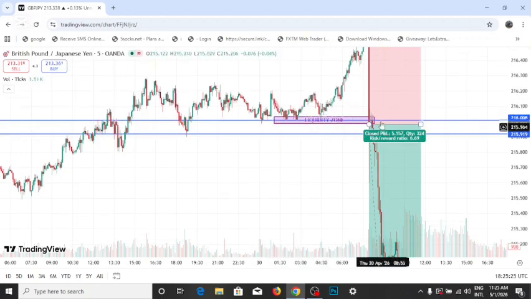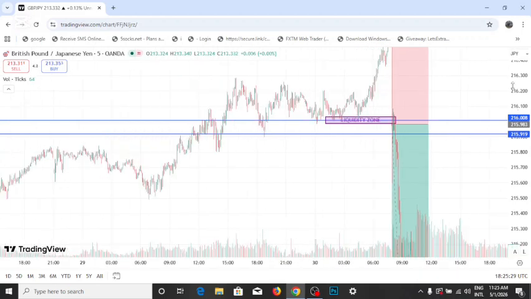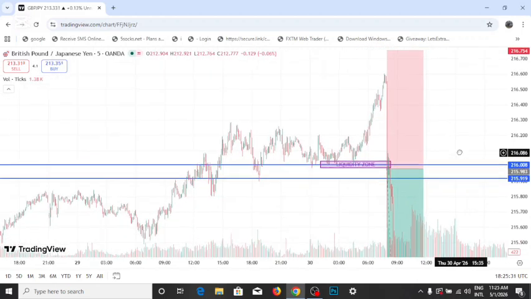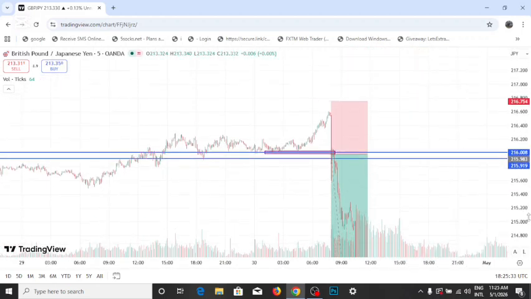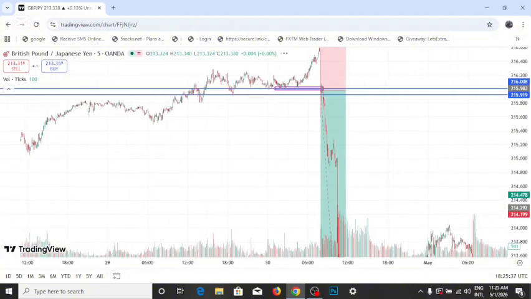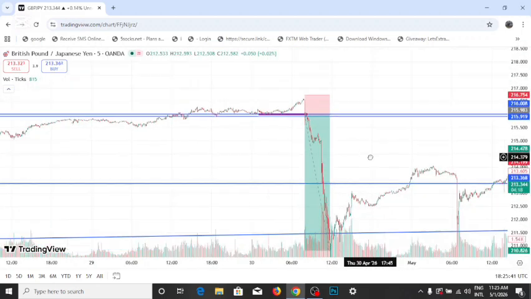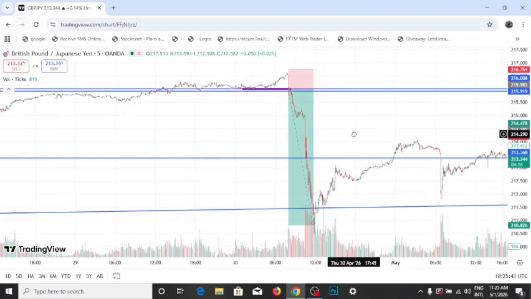You can see the liquidity zone, and after I swept through it, the market just kept dipping and dipping. It's about 1000 pips in movement minimum, I can guarantee that. So you can imagine the profit you would come out with depending on your lot size.